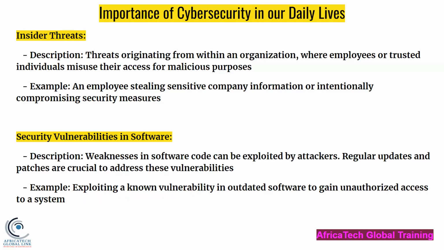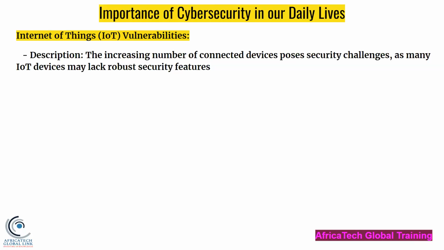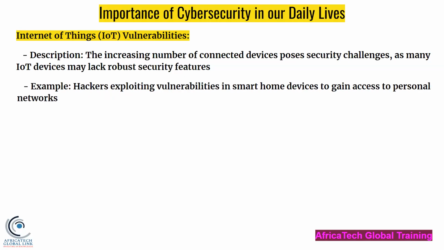So when we talk about vulnerability, people always take advantage and want to gain access to a system without permission. That's how you should understand it. Internet of Things vulnerability, right? The increasing number of connected devices poses security challenges, as many IoT devices may lack robust security features. Hackers exploit vulnerabilities in smart home devices to gain access to personal networks.